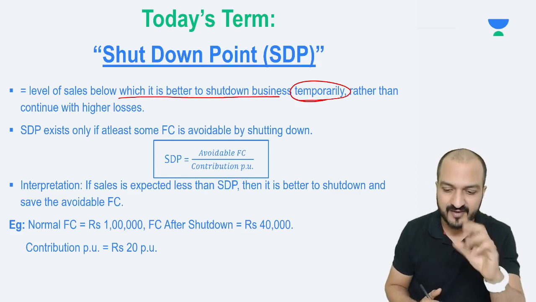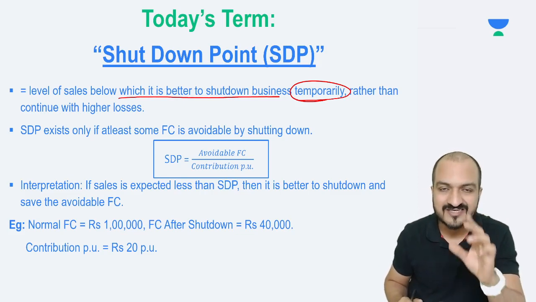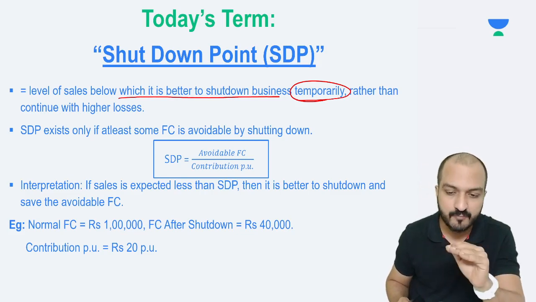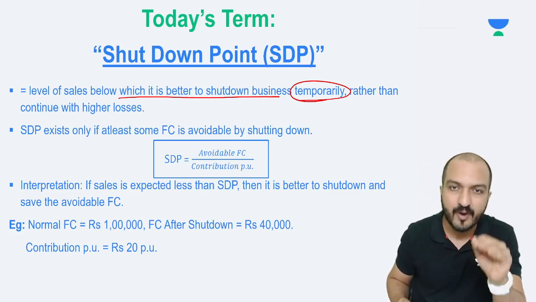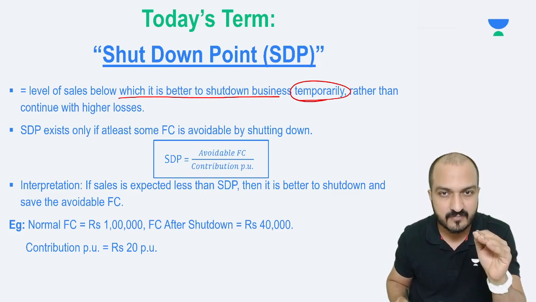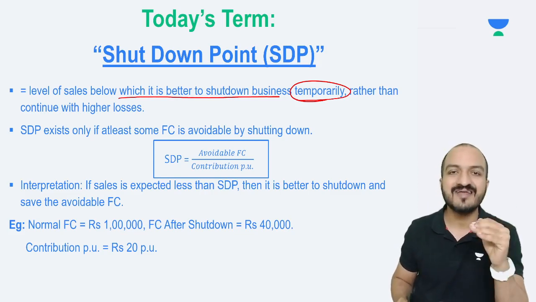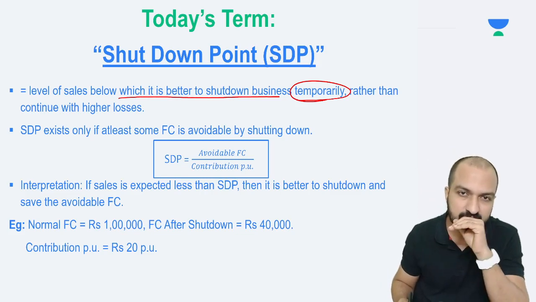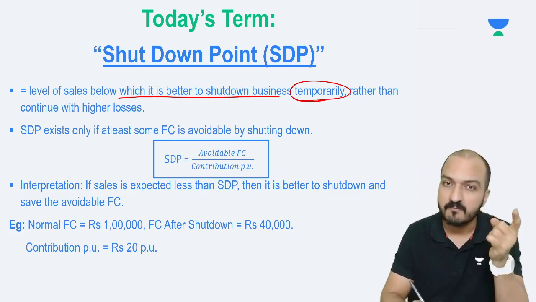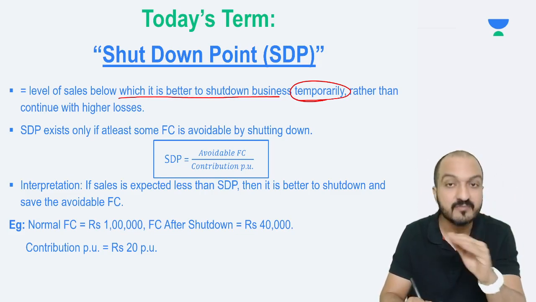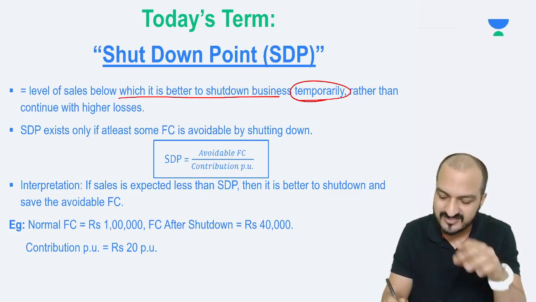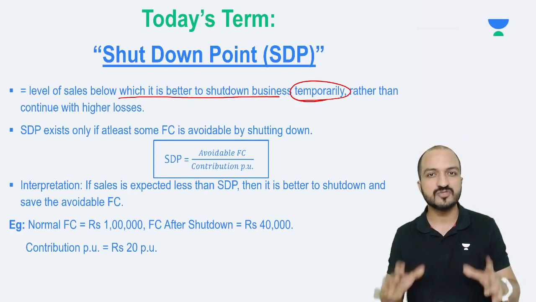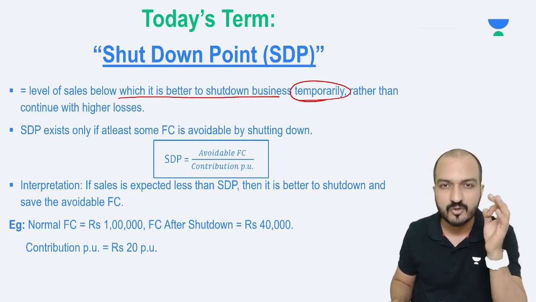So shutdown point is another level which is always lesser than break even point. Below break even point you start incurring losses. Below shutdown point you start incurring losses more than the shutdown loss. So shutdown point is the level below which it is advisable to shut down the business because continued business gives you more losses.